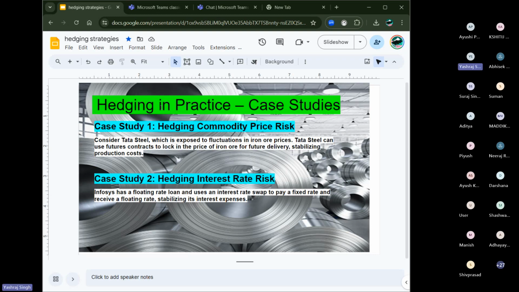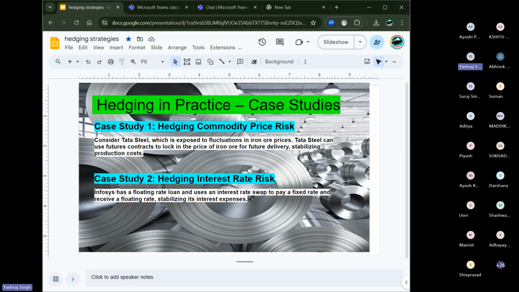Tata Steel is basically dealing in iron ore. They take it as a raw material and then make steel from it, right? They are exposed to fluctuations in iron ore prices.